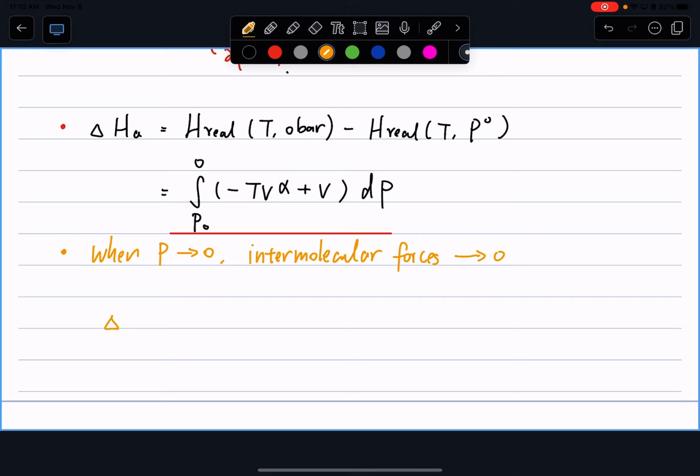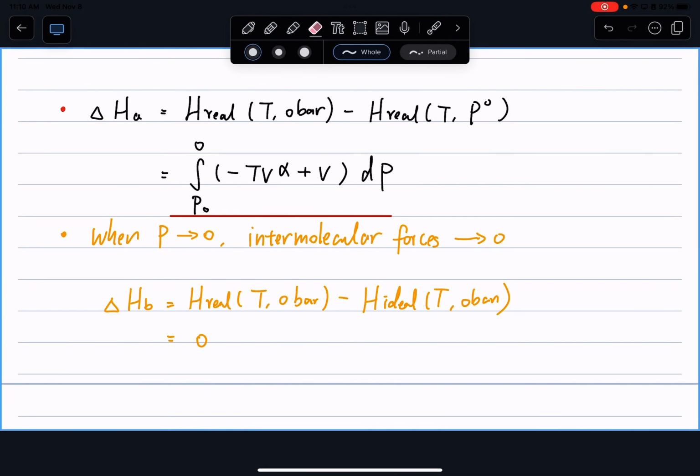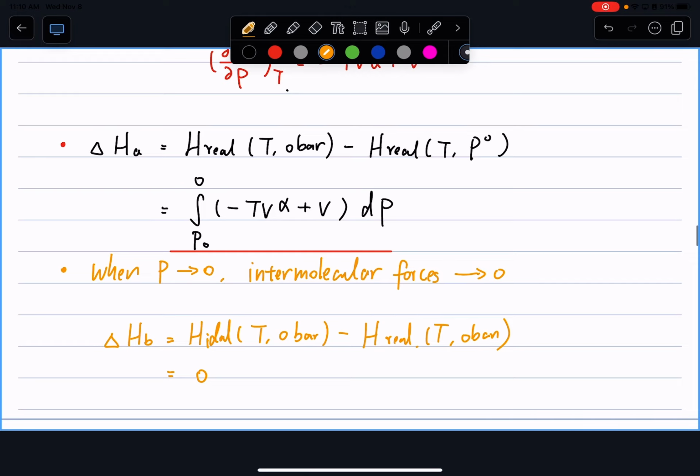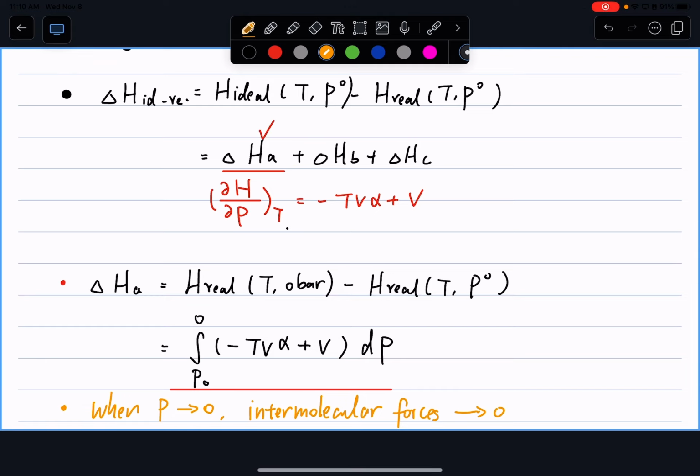Or the other way to put it is your delta H_B equals H ideal at T, 0 bar, minus H real at T, 0 bar. Wait, okay, it should be ideal minus real. So this one we know is 0.